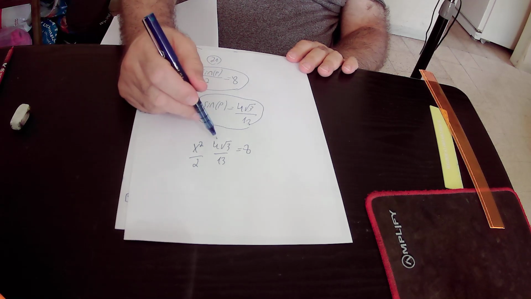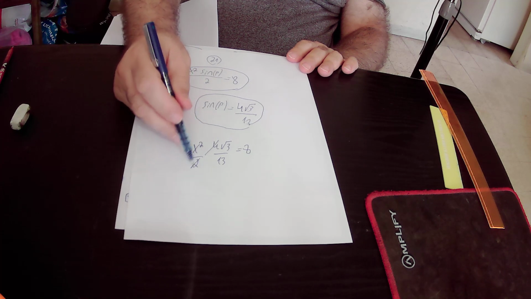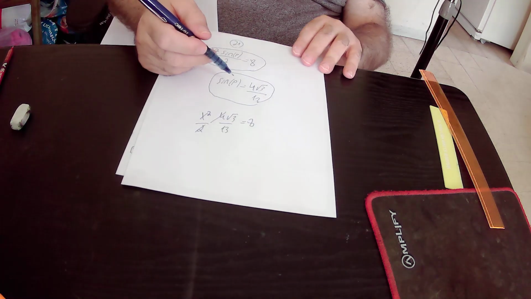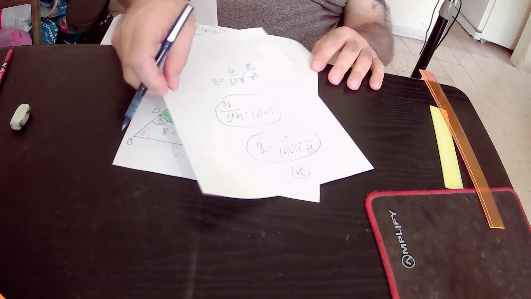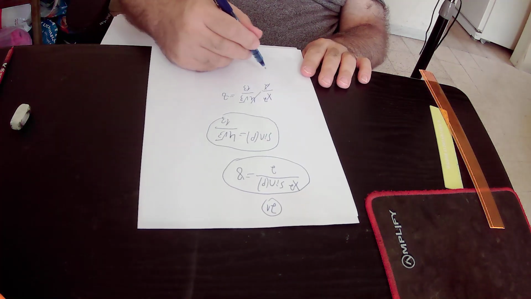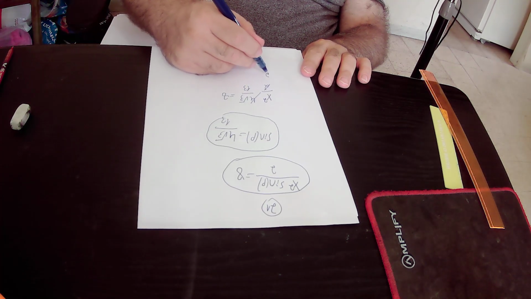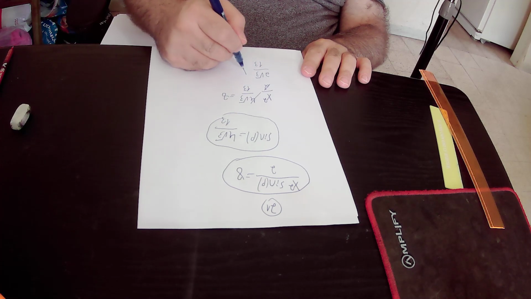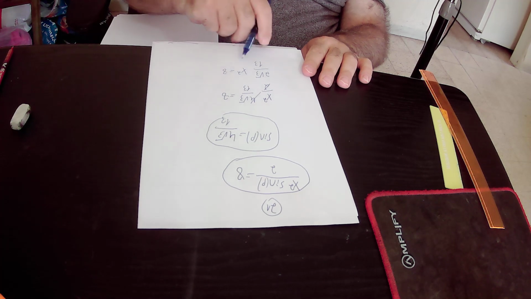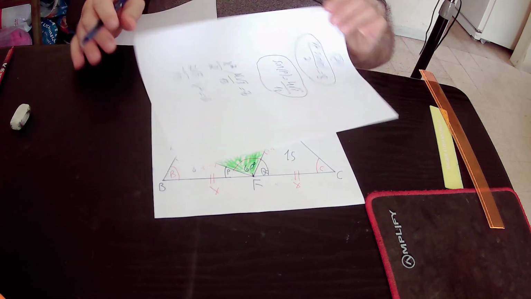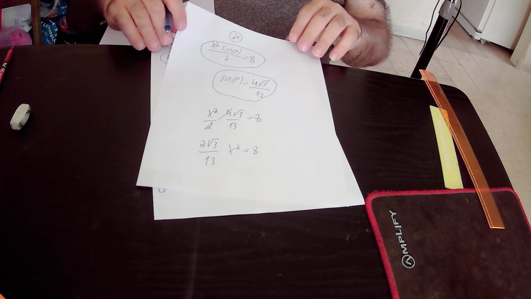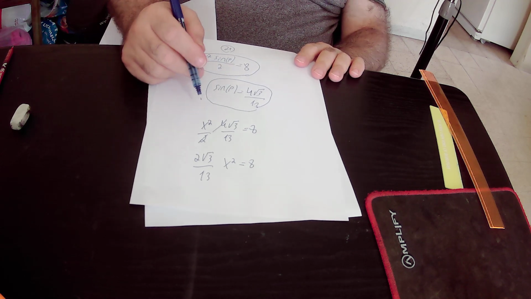Here 4 over 2 is 2. So I write it down. In total we will get that 2 times root 3 over 13 times x squared equals 8.